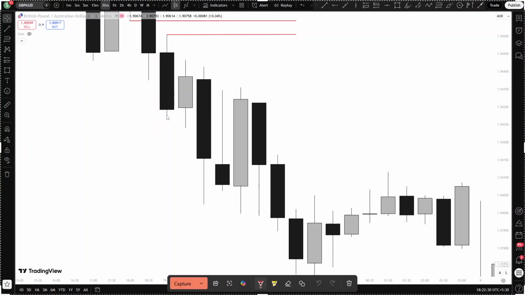This candlestick and this candlestick, they are meeting. So there is no fair value gap. These bodies, they are meeting. There is no fair value gap here.